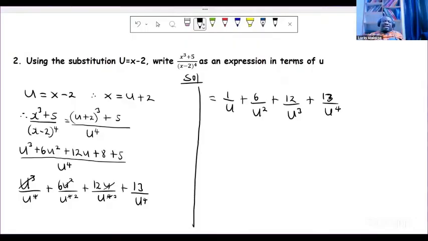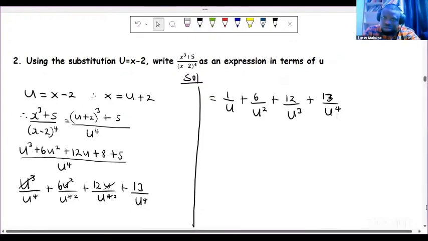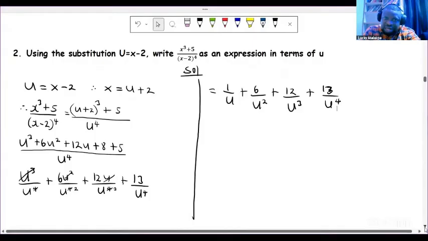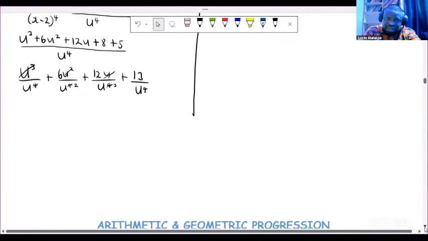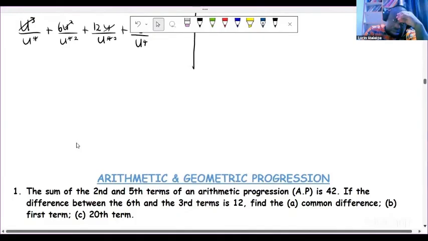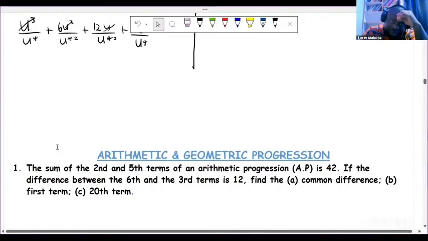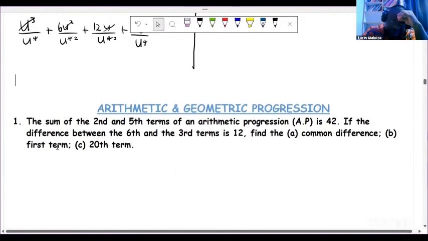Is that taken? All right. So let's move on. Let's look at the next topic, arithmetic and geometric progression.